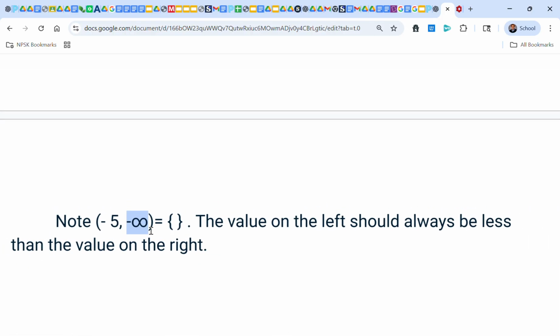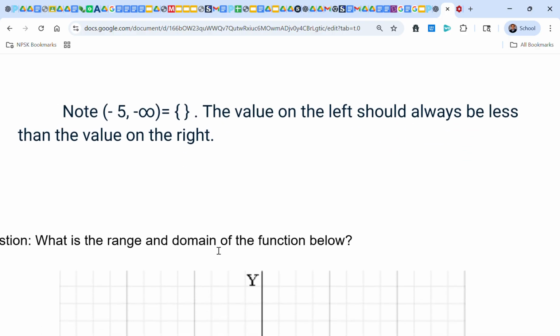In fact, if we consider all the values between negative 5 and negative infinity, well, there's nothing in there. So instead of writing it like this, we would want to write it like negative infinity to negative 5, so that we include actual real numbers in that set.